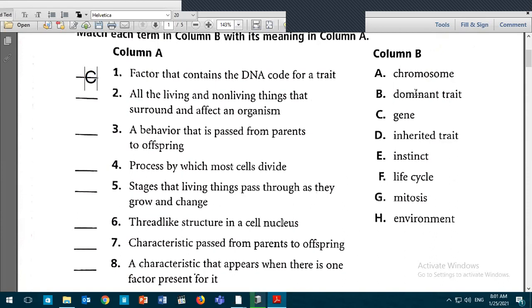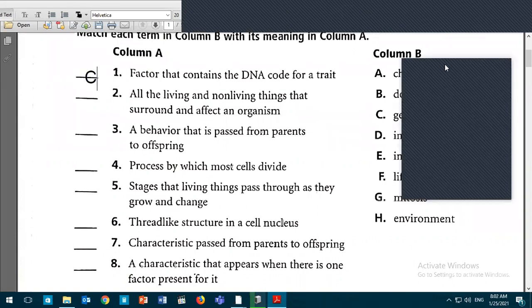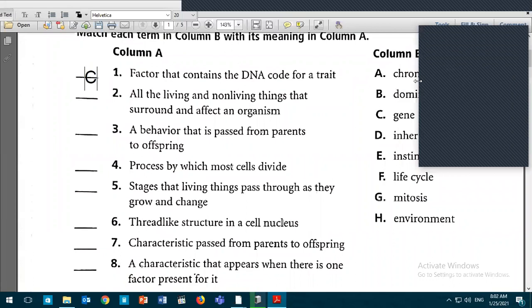No. Okay, we have dominant trait, inherited trait, instinct, life cycle, mitosis, or environment. What do you think it's going to be? Amr, if you don't know the answer, you can skip this question and answer the next one. Okay, Shlok, would you like to answer number 2? Environment. Yes, it's gonna be environment.